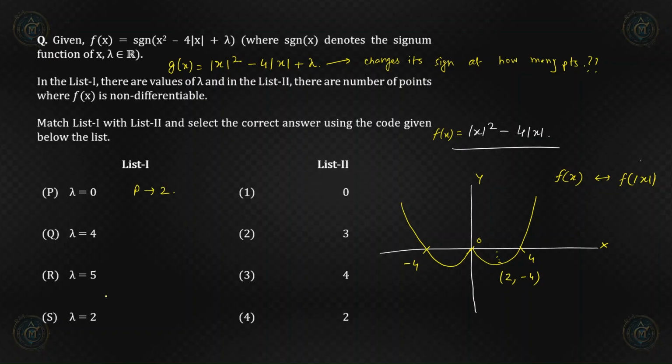Then for lambda equal to 4, what will be our graph? Mod of x square minus 4 mod x plus 4. So we have to shift this graph by 4 units towards the positive y-axis, because lambda is positive, it is equal to 4. So we have to shift this graph of mod of x square minus 4 mod x in positive y direction by 4 units. So the new graph will look something like this.